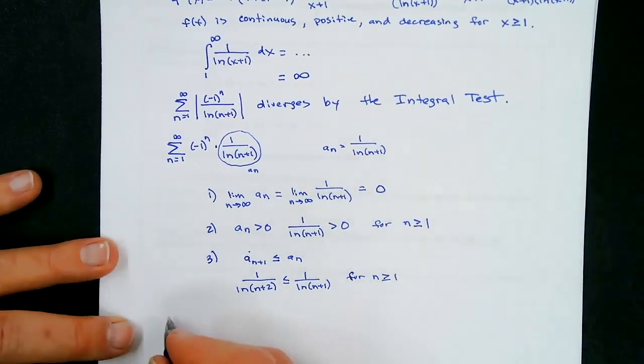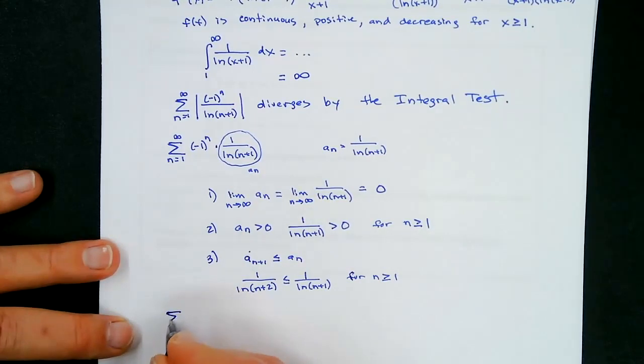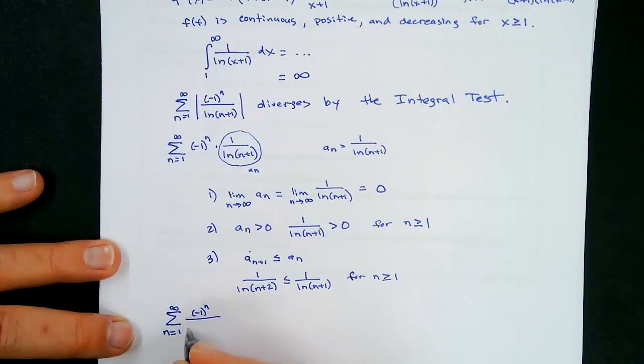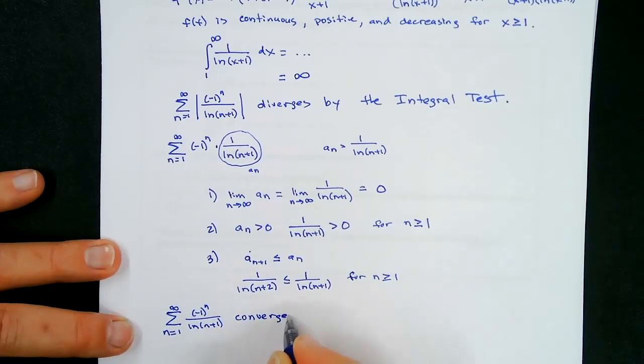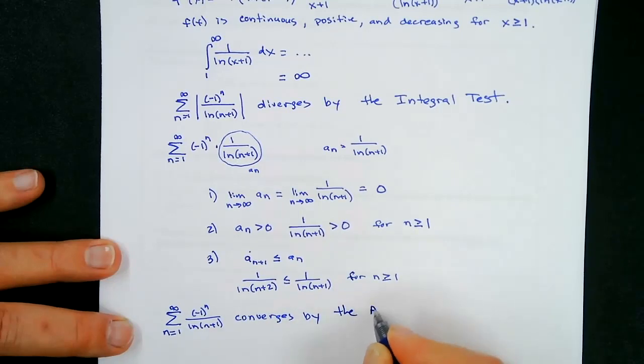What does that mean? That means the series sigma n equals 1 to infinity of negative 1 to the n over ln of n plus 1 converges by the alternating series test.